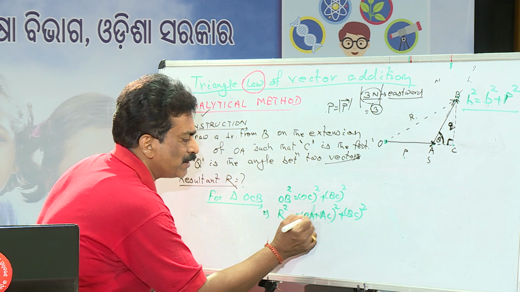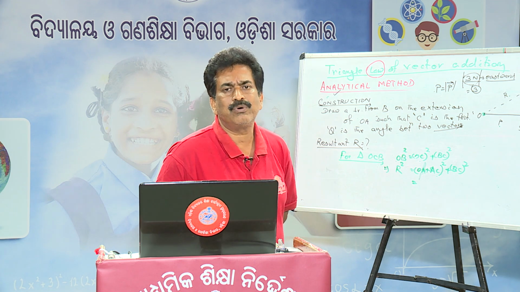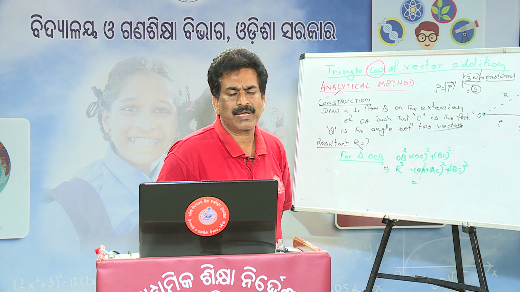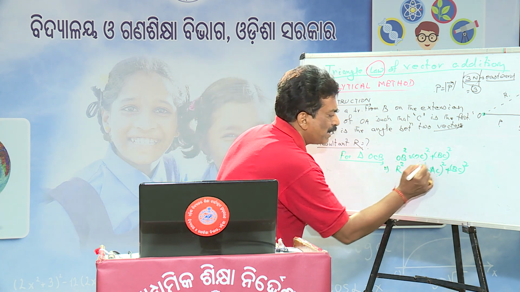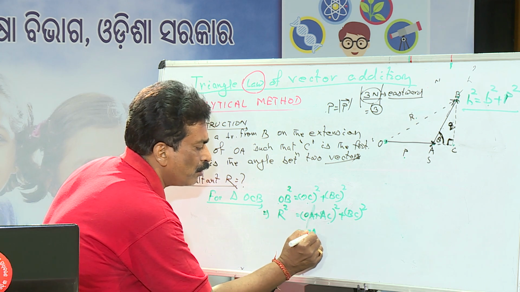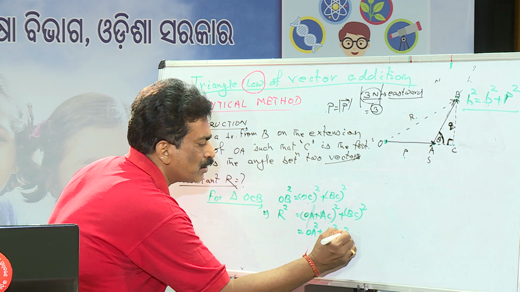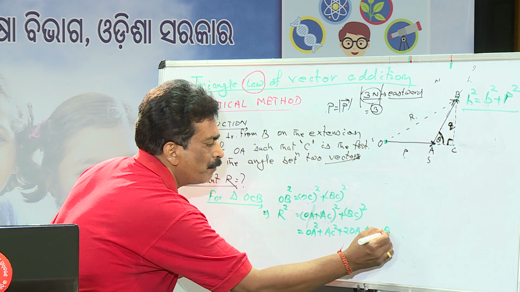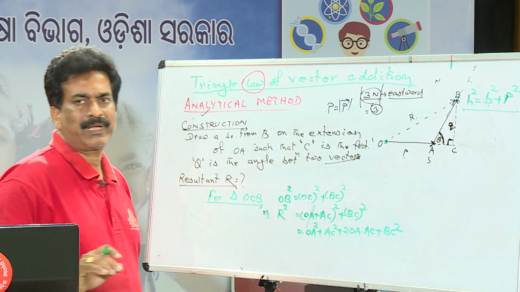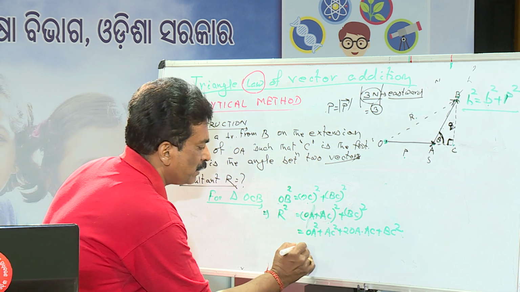And if we expand this one, OA plus AC is in which form? (A plus B) whole square. What is (A plus B) whole square? A square plus B square plus 2AB. So if we expand this, it will be OA square plus AC square plus 2 OA into AC, plus BC square.